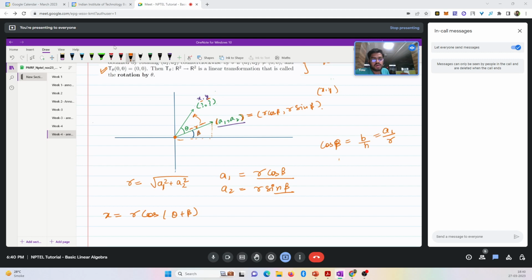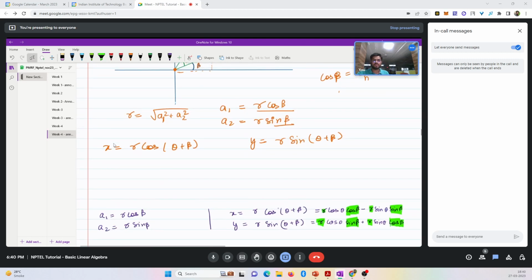This angle is now a combined angle. And y is given by r sine of theta plus beta. If you use the trigonometry formula for cos of x plus y, you obtain r cos theta cos beta minus r sine theta sine beta, and you obtain y as r cos theta sine beta plus r sine theta cos beta.